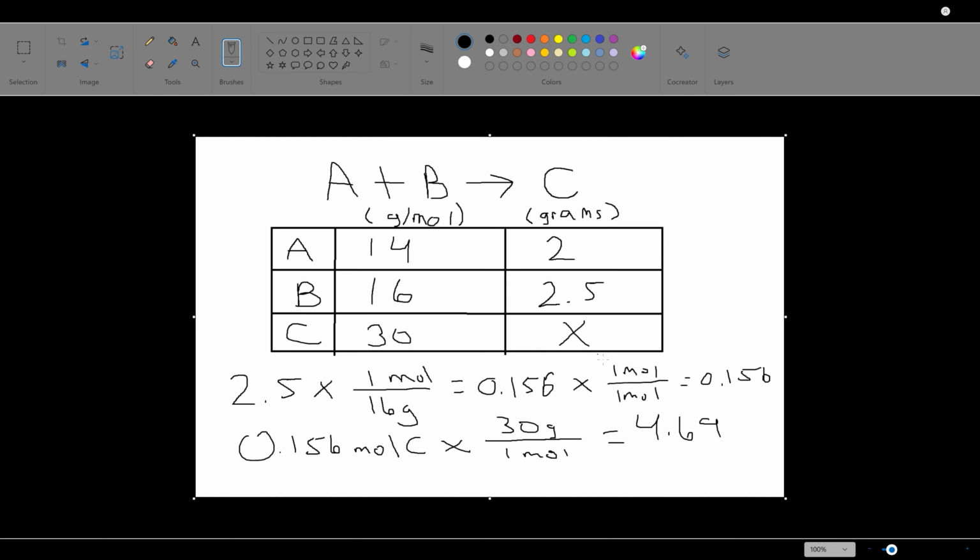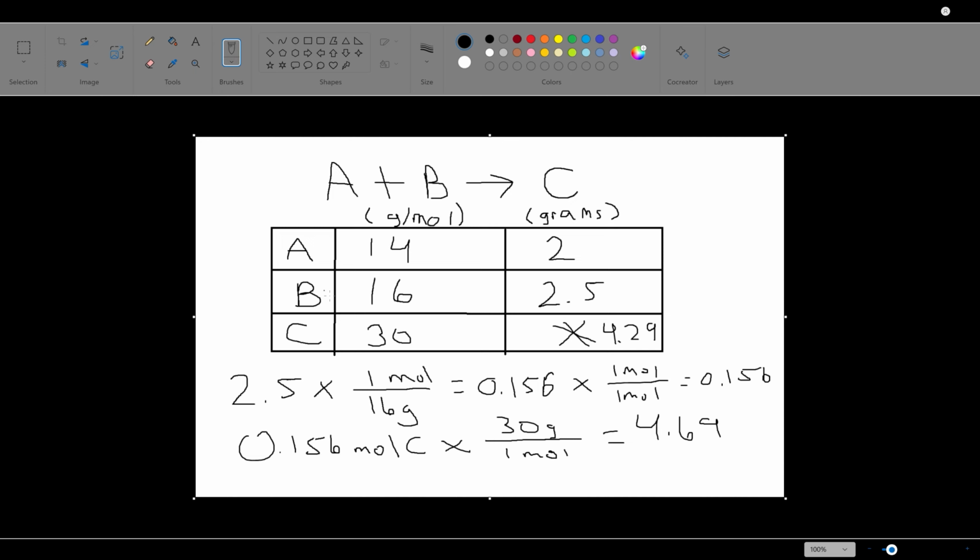That's what that number is. I forget what it was, like 4.2 something. Okay. So the 4.29 would be our theoretical yield for C, since that's what our limiting reactant gave us. So we can get rid of this X, and it's 4.29. And that's our theoretical yield.